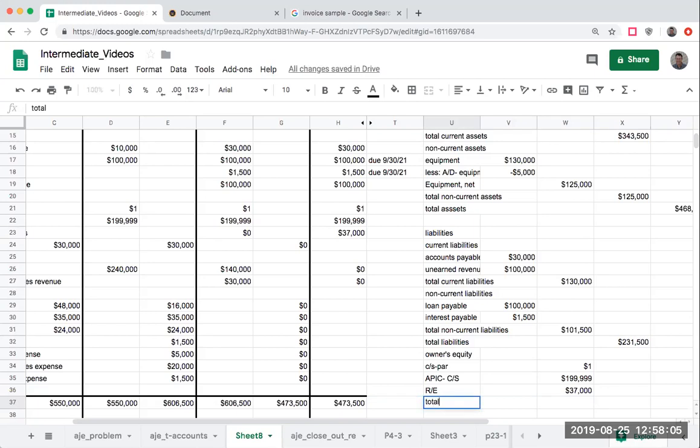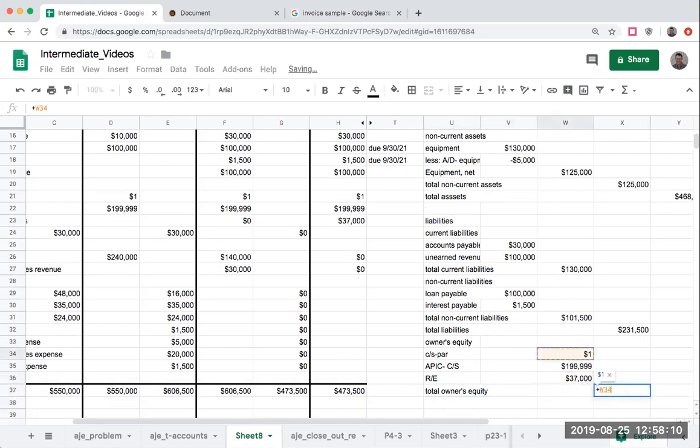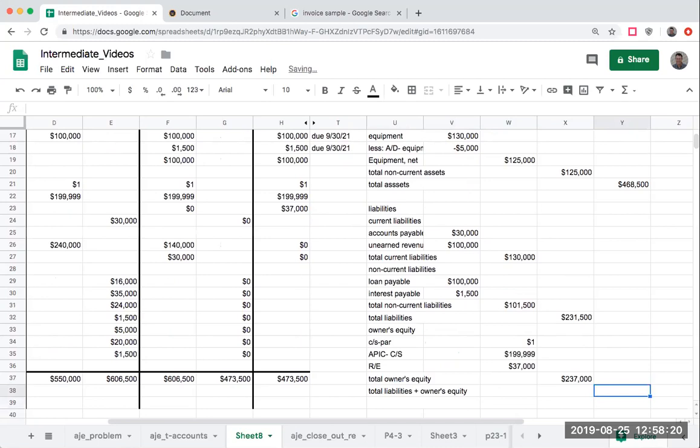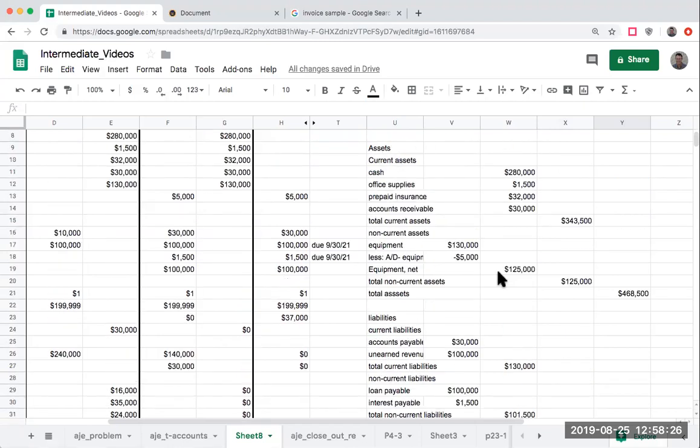So my total owner's equity is going to be $237,000. So my total liabilities plus owner's equity is going to be $468,500.